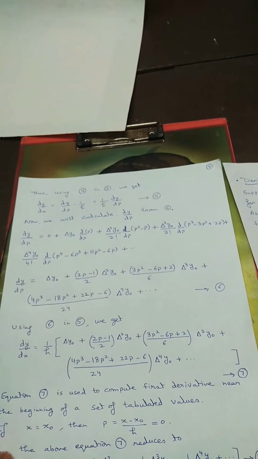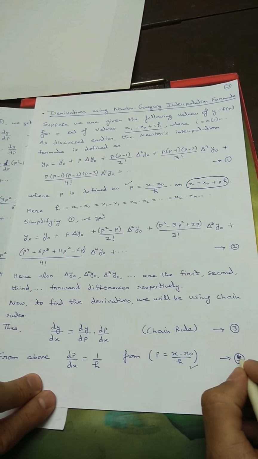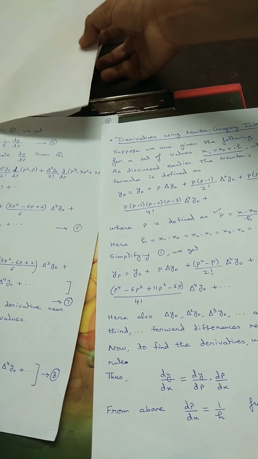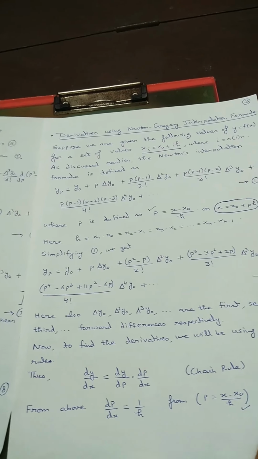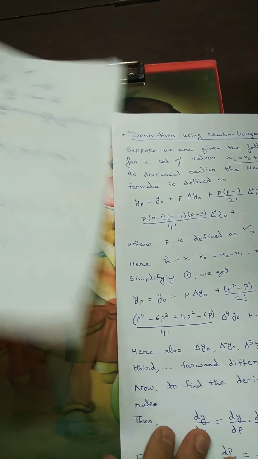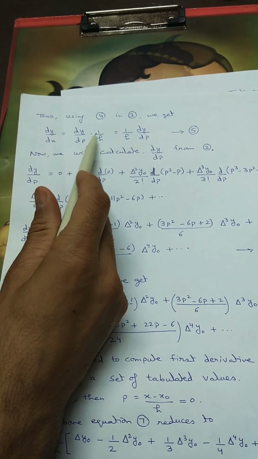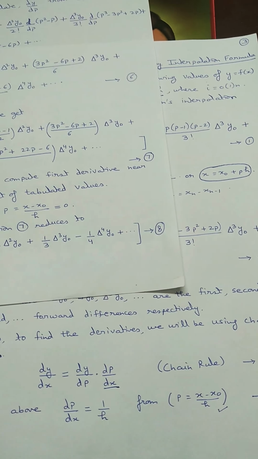Now, as you can see, this is equation number 4. If I substitute equation number 4 in 3, I will get dy by dx is dy by dp into dp by dx, which is mentioned in the third.